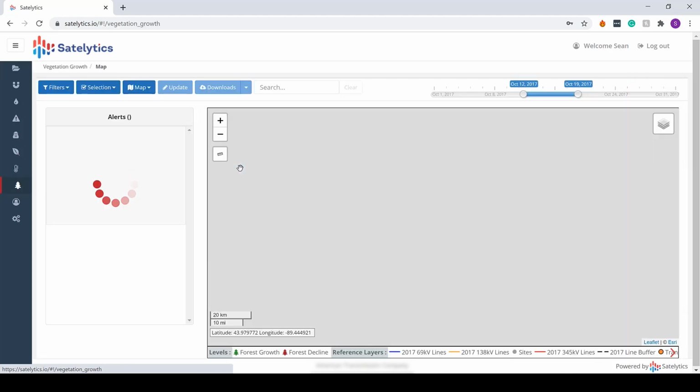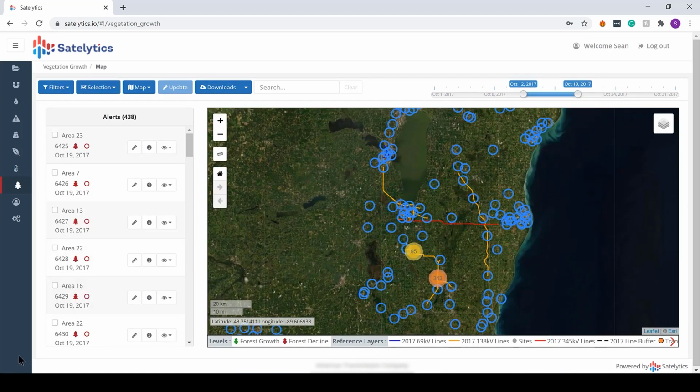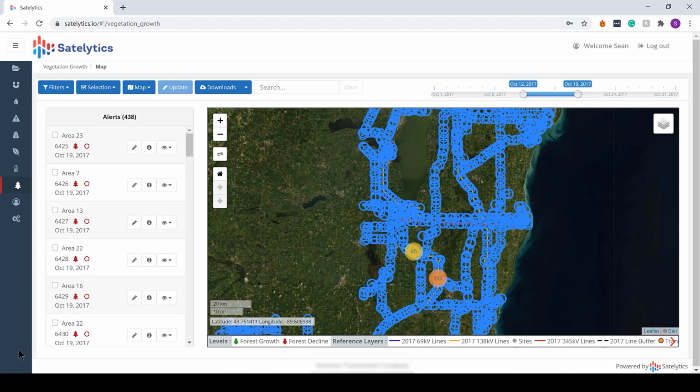The first is to look at vegetation and its overall growth or decline. And this is overall vegetation. It could be trees, shrubs, scrub, grasses, and this is the approach some of our vegetation customers take in directing their vegetation group to where to cut and how frequently to cut.